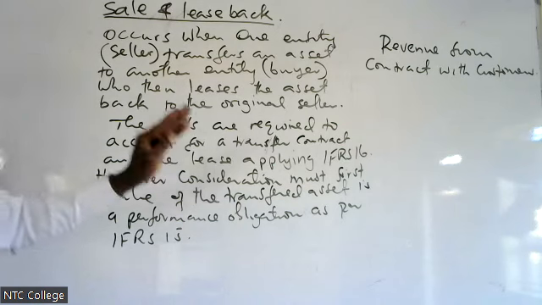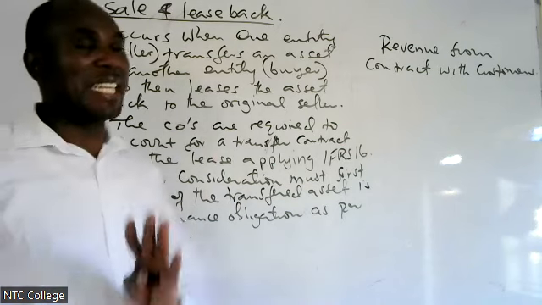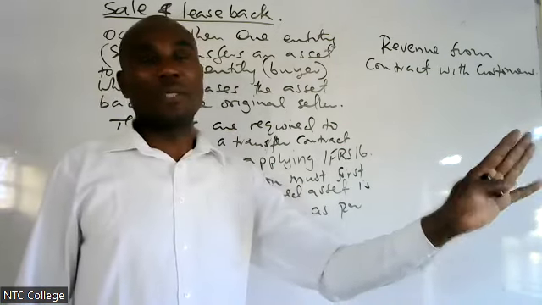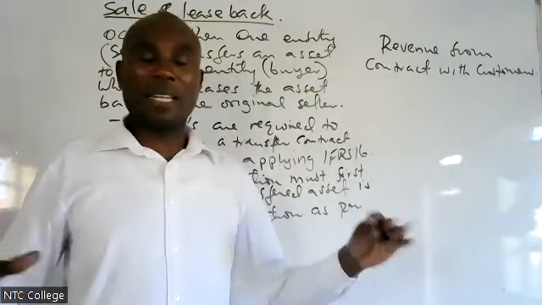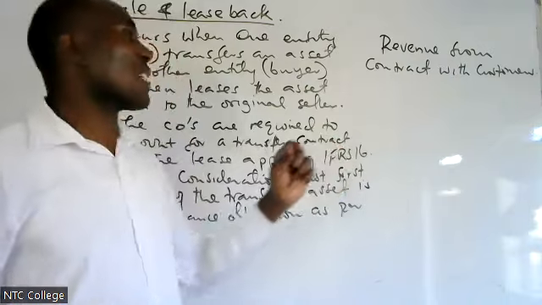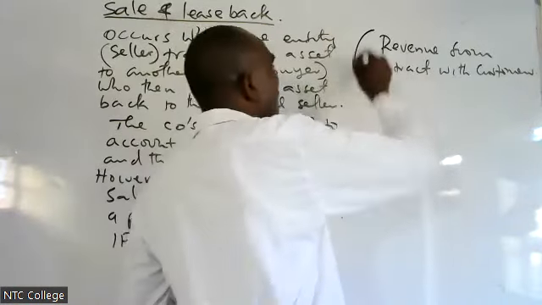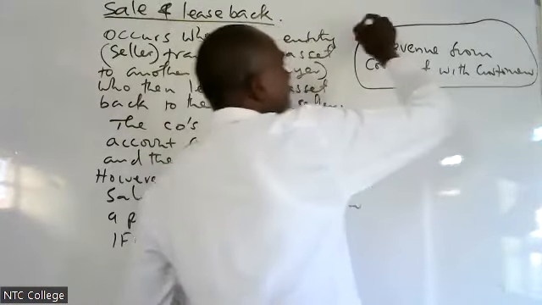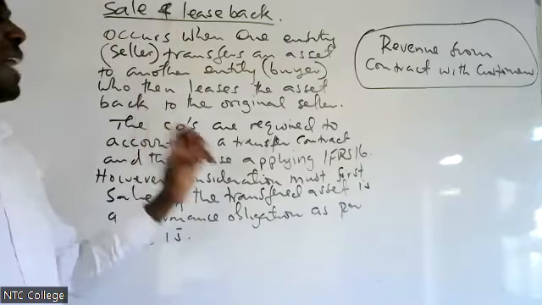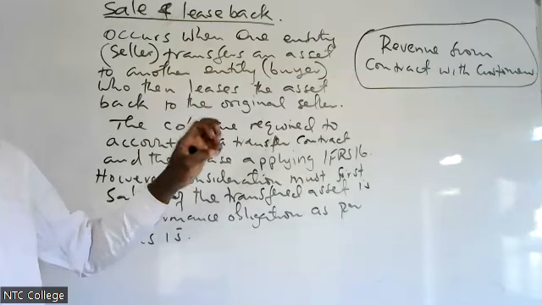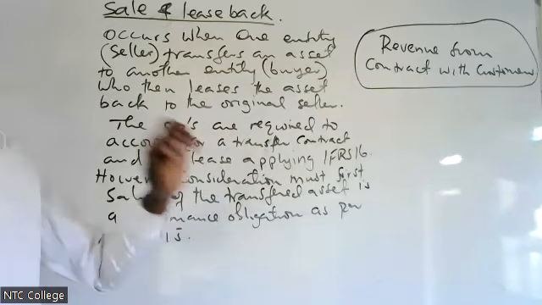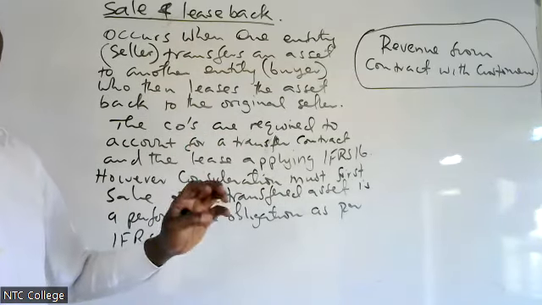Now, what we are saying here, remember you are selling an asset to another person, then you lease it back. Therefore, for us to account that it's a sale and leaseback, we need first to consider: was it a sale? Did I recognize revenue from this customer as per the requirement of IFRS 15, revenue from contracts with customers?